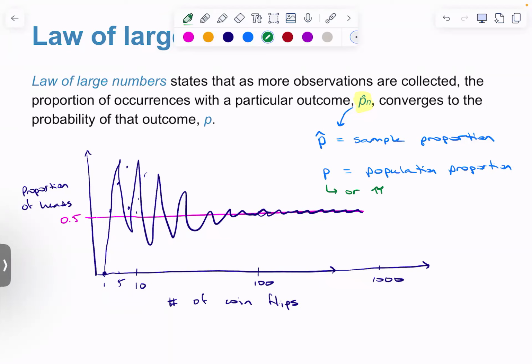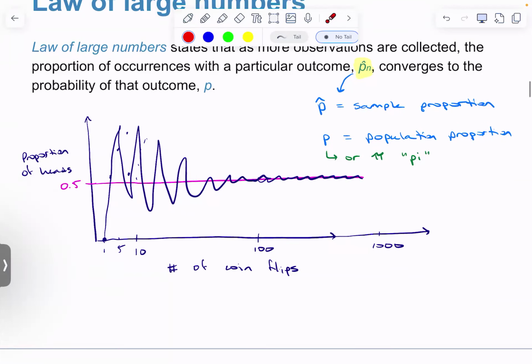I'm going to use p, and it's the only time that I use a non-Greek letter to denote the population. But pi is also a number, so it gets kind of confusing. So you could use this Greek letter pi, but I'm going to use a lowercase p to denote the population proportion. Okay.